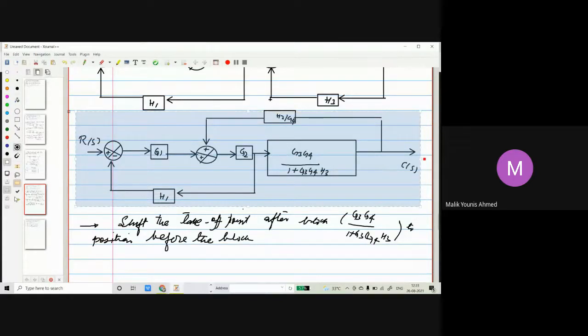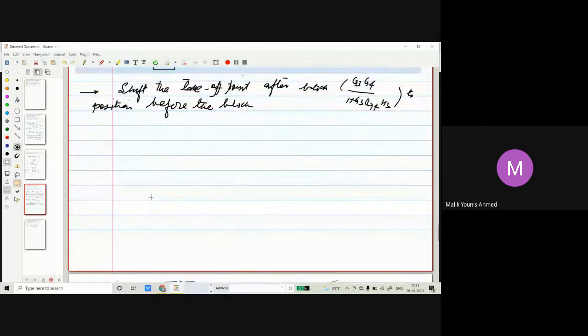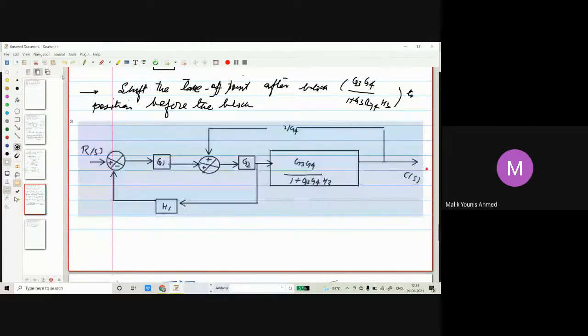Okay, so copied. We have to paste it here. Now let's see what amendment we can do. Okay, this is intact, there's no problem. This is also the same, you can very clearly see this H1 will be the same. This is the same.